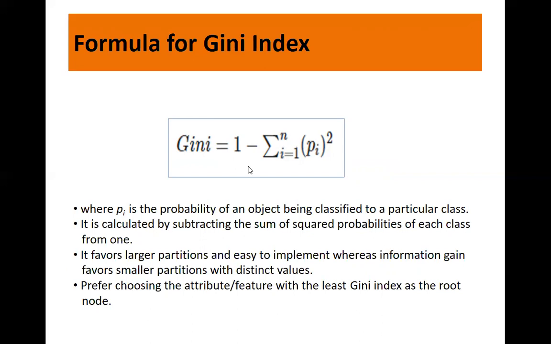It favors large partitions and is easy to implement, whereas information gain favors small partitions with distinct values. Now it prefers choosing the attribute feature with the least Gini index as the root node, right? So if you are using Gini index for splitting, you select the feature which has the least Gini index as a root node, fine.